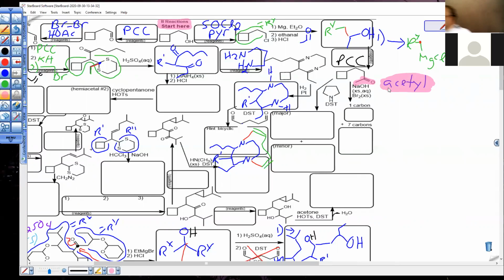And we have a test for acetyl groups called, in this case, the bromoform reaction, which will take the carbon here and it'll end up with 3 bromines on it. The acetyl CH3 is now, sorry, it's not an acetyl at all. Br3 attached to the C that used to be the acetyl, and it picks up an H during the mechanism at the end. That's bromoform.